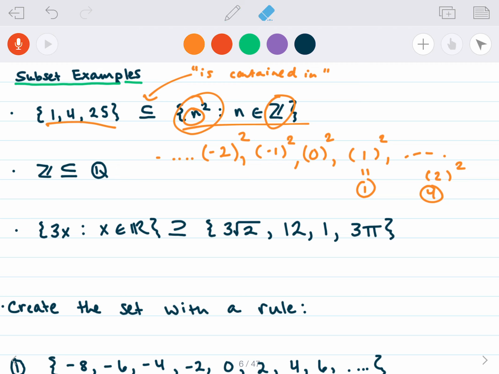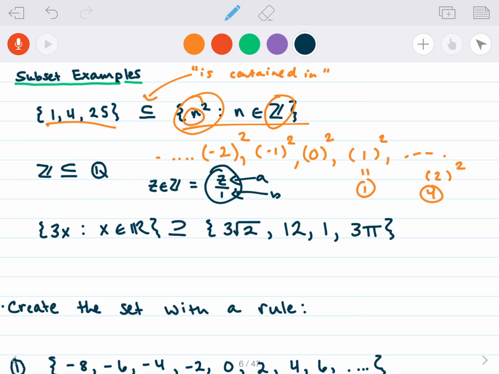All right. The integers are completely contained in the rationals. Try to convince yourself that that is true. Every integer can be represented as a fraction, right? So if you have an integer z, z is equal to z over 1. Remember our definition for the rationals: a over b where a and b are integers, and 1 is, of course, an integer.